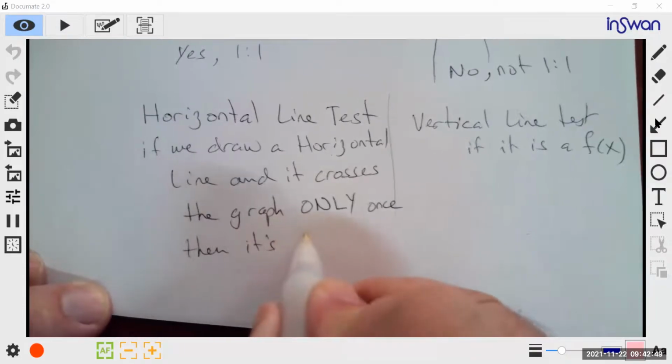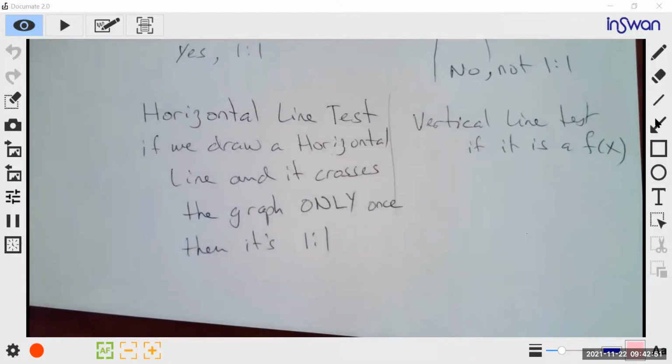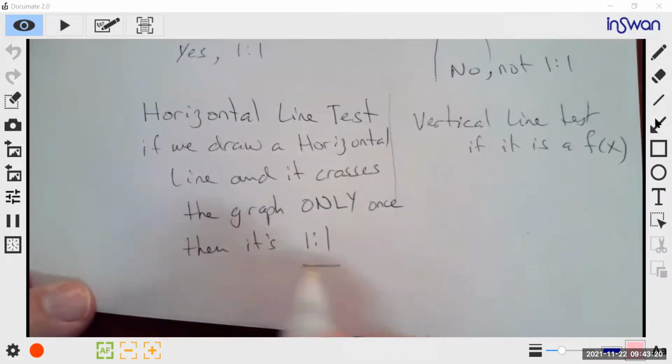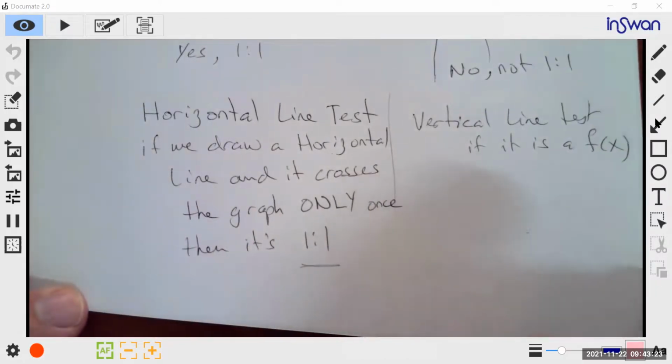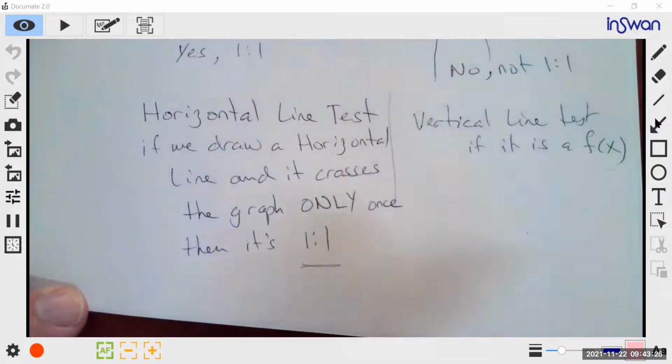So the horizontal line test tests for one-to-oneness, uniqueness. The vertical line test sees if it's a function.